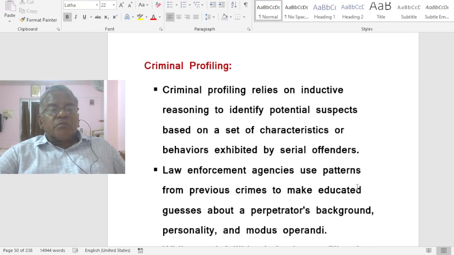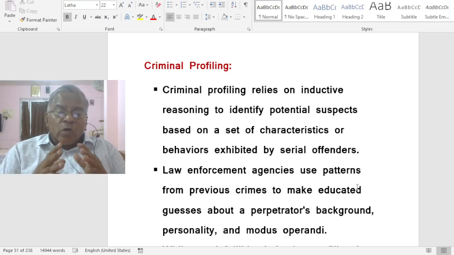Then criminal profiling. In criminal profiling also we are using inductive reasoning. Criminal profiling relies on inductive reasoning to identify potential suspects based on a set of characteristics or behaviors exhibited by serial offenders.